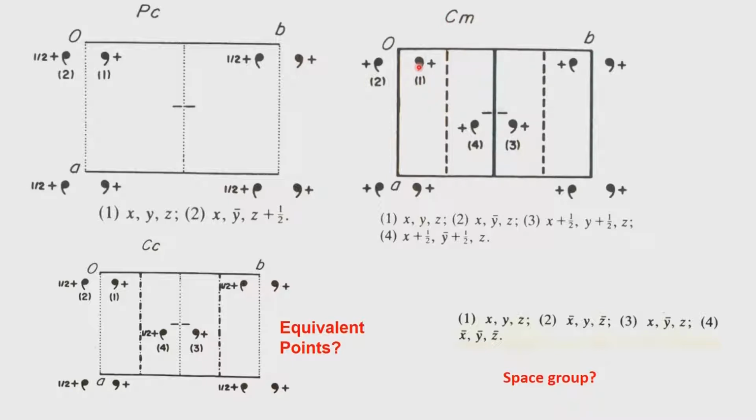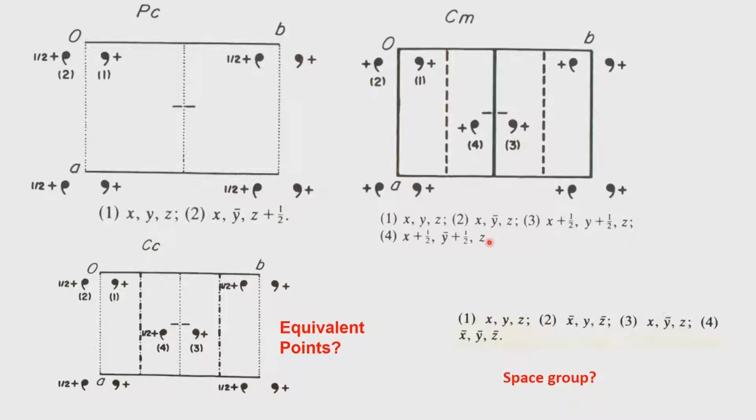One is, we took this point 1 onto the point 3 by operating the mirror plane. So, we got this. That is how we can generate x, y, z, and x plus half, y bar plus half, and z. Now, we see that these two are related by a C glide, A glide.